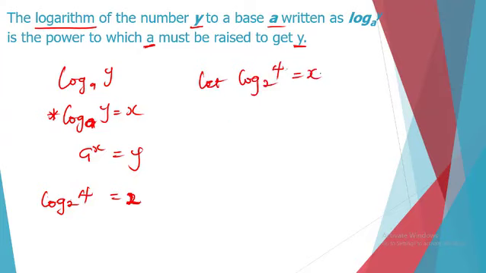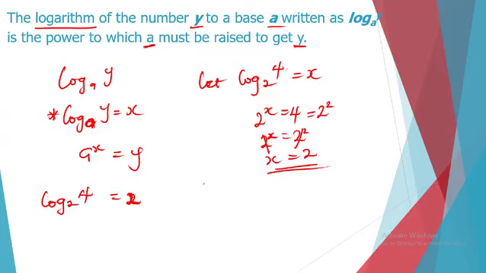Remember, when we have something like this, we say 2 raised to power x is equal to 4, and this is equal to 2 raised to power 2. So 2 raised to power x is equal to 2 raised to power 2. Then x is equal to what? 2, because this will eliminate these 2. So x is equal to 2. That was why I told us that the answer here is 2.